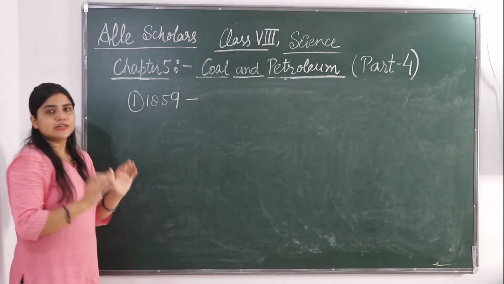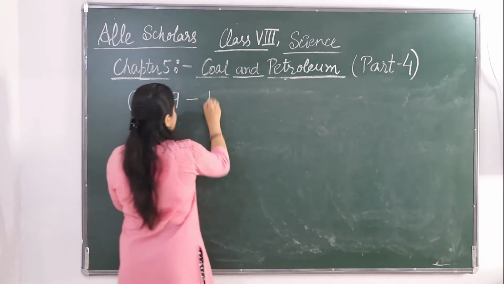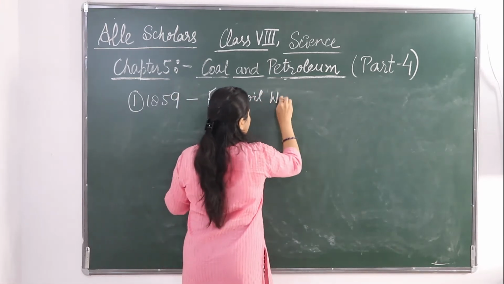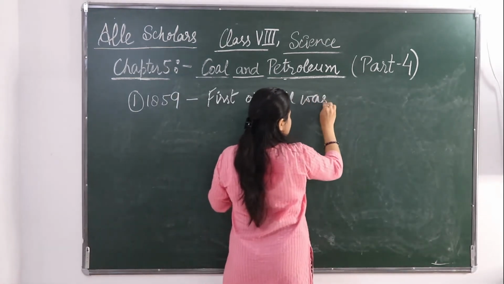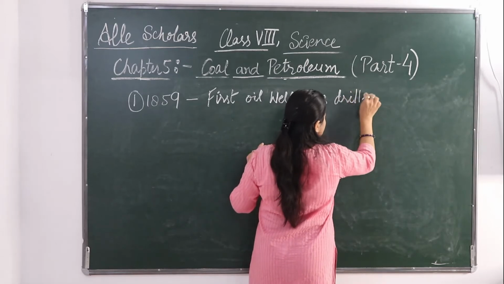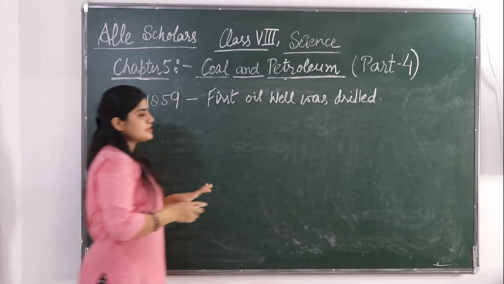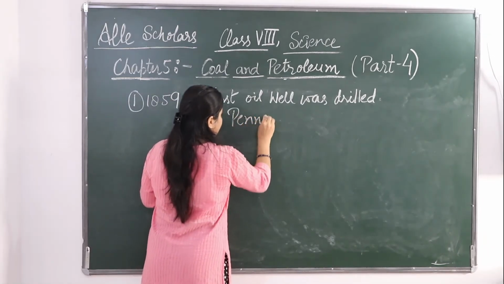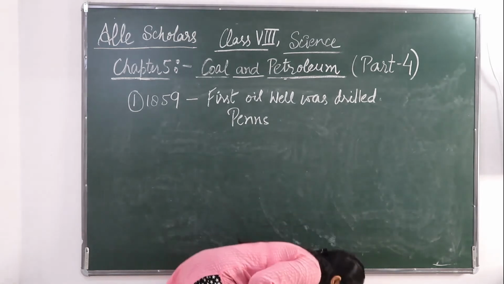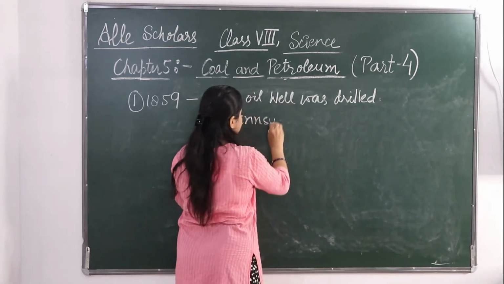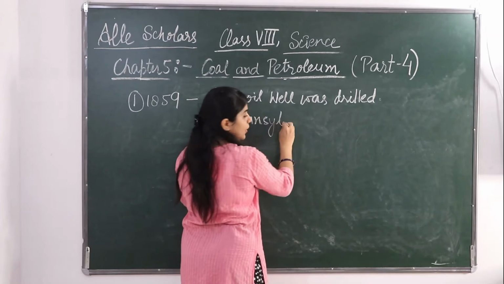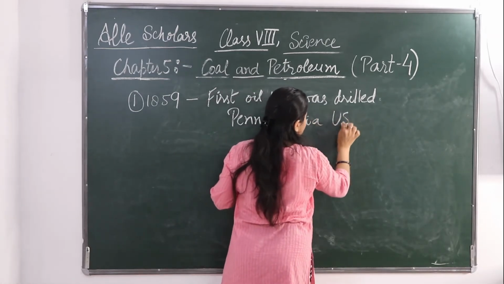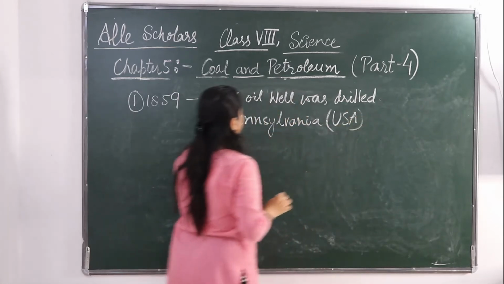In 1859 the first oil well was drilled in Pennsylvania, USA.